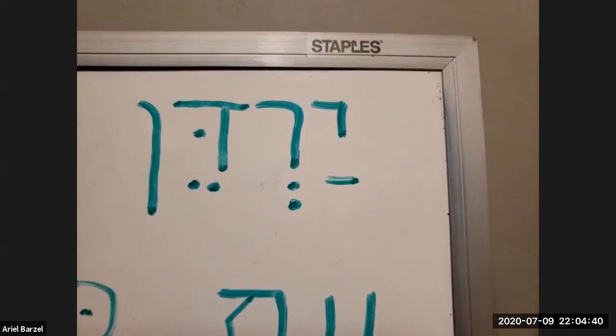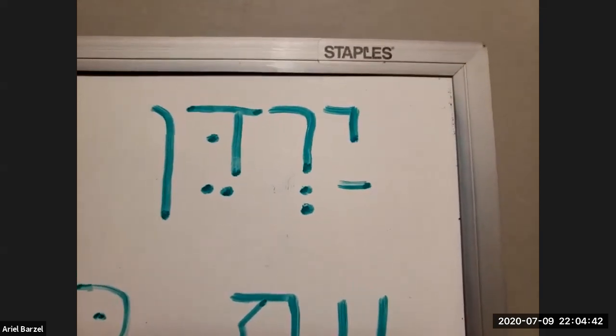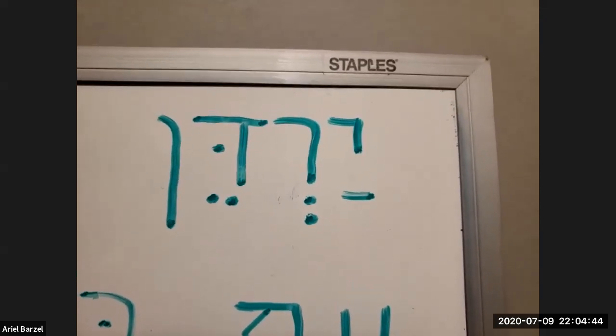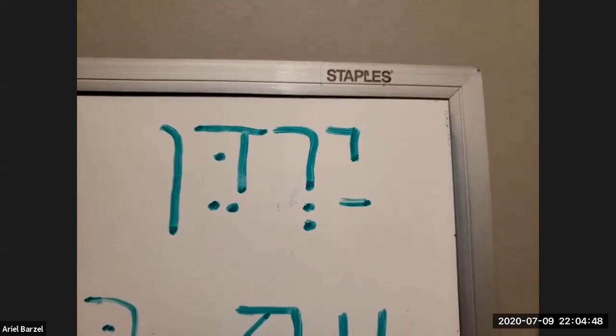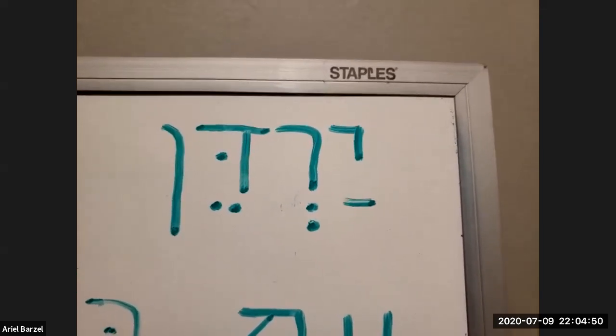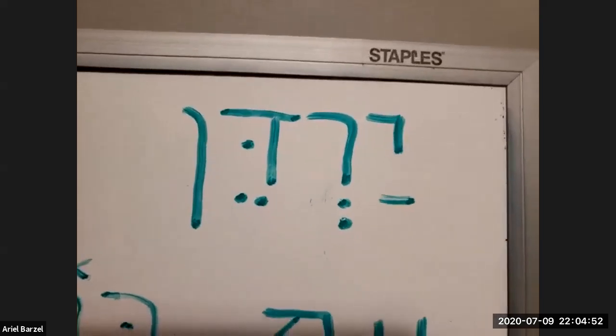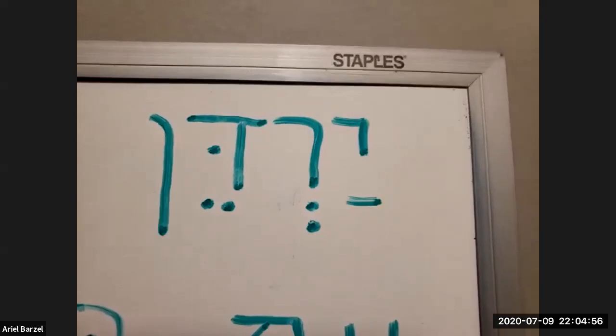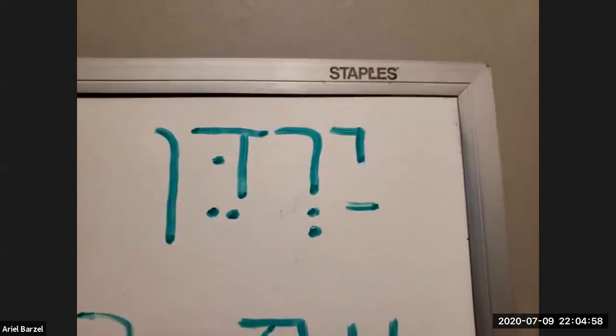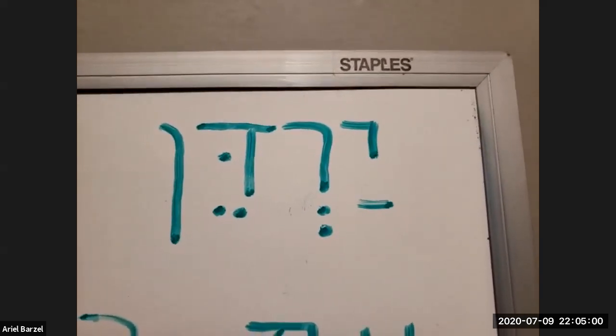Yeah, because they're both dagesh. Oh, so dagesh forte is the doubling. Dagesh lene is the hard pronunciation. So how do you determine? How you determine the two is based upon what's preceding it.